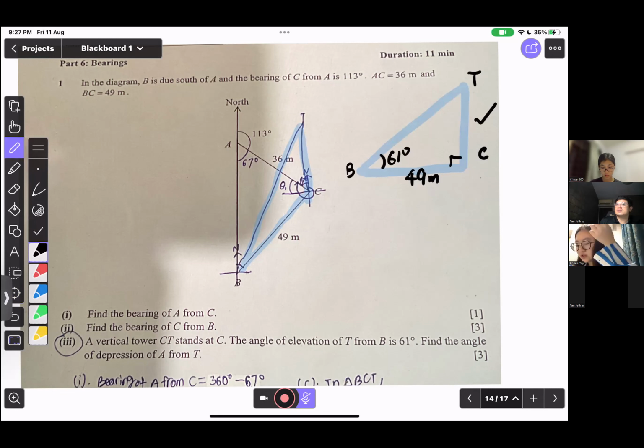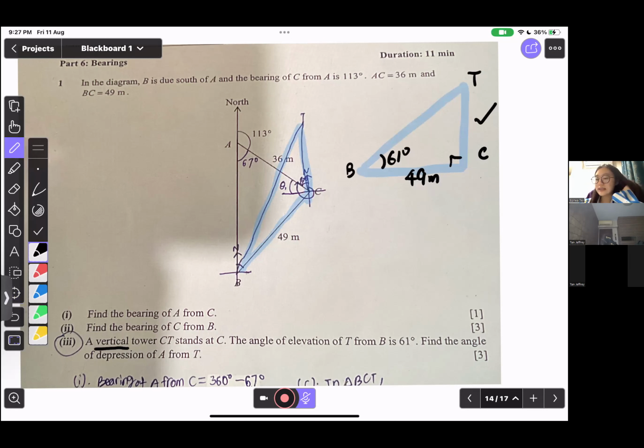How do we know it's 90 degrees? Because of what word? Vertical. So this particular word tells you that it is 90 degrees. T is the top of the tower, C is the bottom.